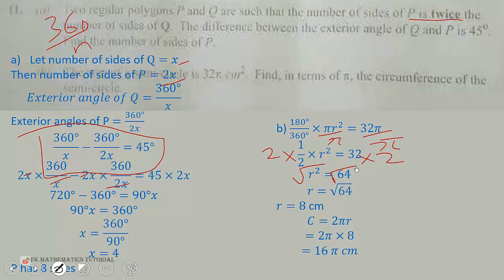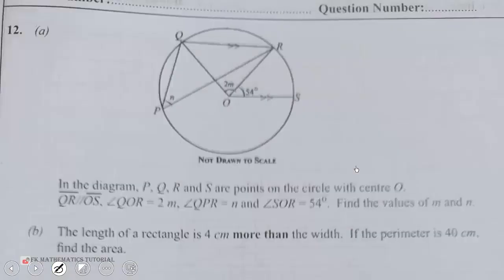Now let's look at question number 12. In a diagram, P, Q, R, and S are points on a circle with center O. Segment QR is parallel to segment OS.